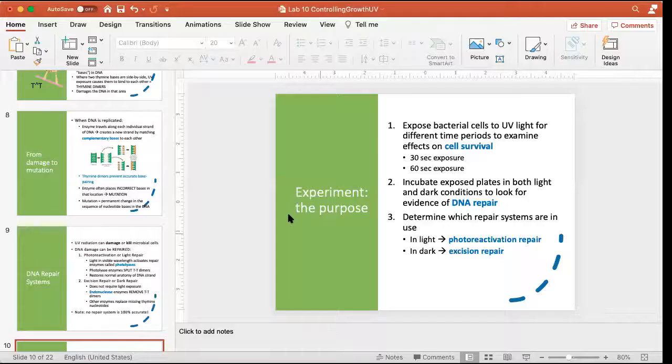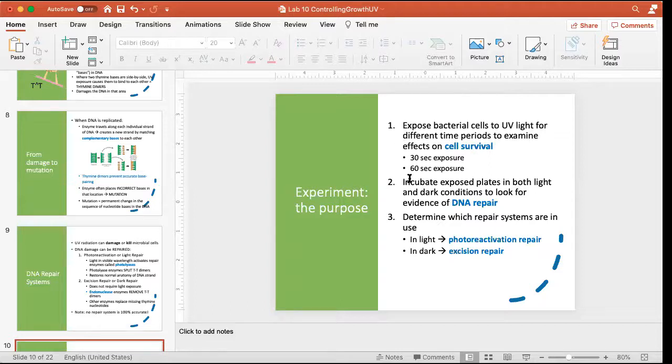All right, let's talk about our experiment. Now, we have a couple of different objectives today. Our purpose is multifold. First of all, we want to examine the effects of ultraviolet exposure just on the ability of the cell to survive it. So we're going to expose cells that we've grown on an agar plate to ultraviolet radiation for 30 seconds and also for 60 seconds.